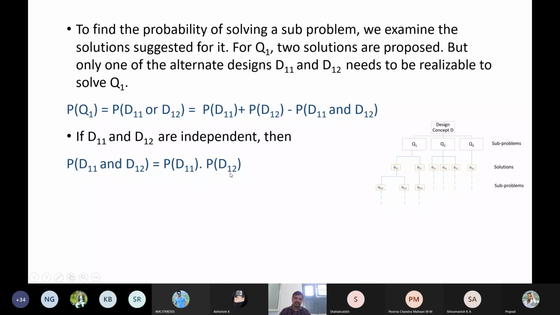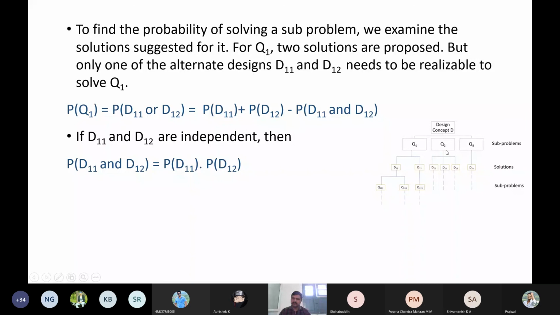Okay, so these are the values. These are the physical realizability estimates for these solutions. These values will be given in the problem. Based on that, you are going to find the overall probability of physical realizability. So you have to find physical realizability of the overall design concept.